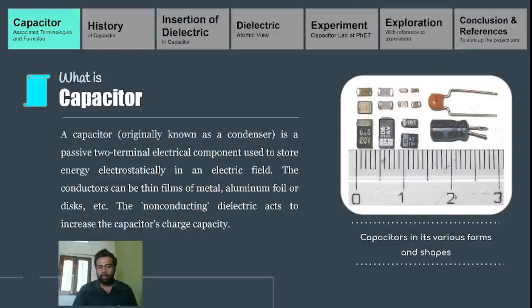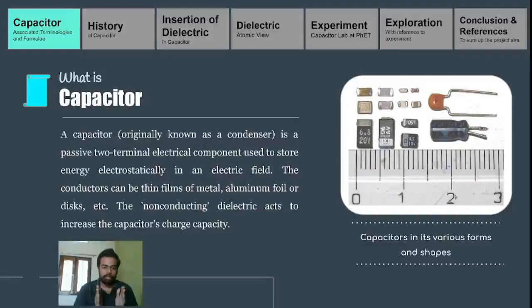For better understanding, let me frame a model for you. There are two parts to a capacitor. First is the conducting part and second is the non-conducting part. The conducting part consists of two plates. For simplicity of explanation, the two plates are separated by some distance, and they have charge accumulated upon them.